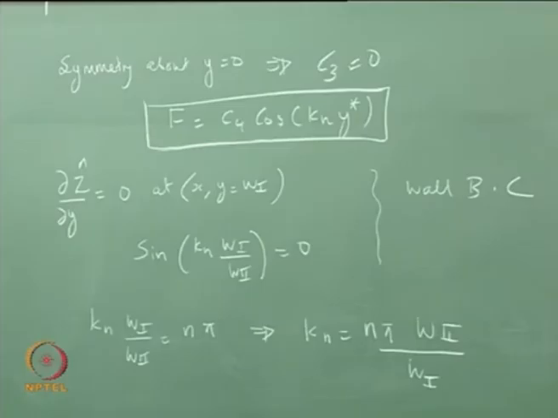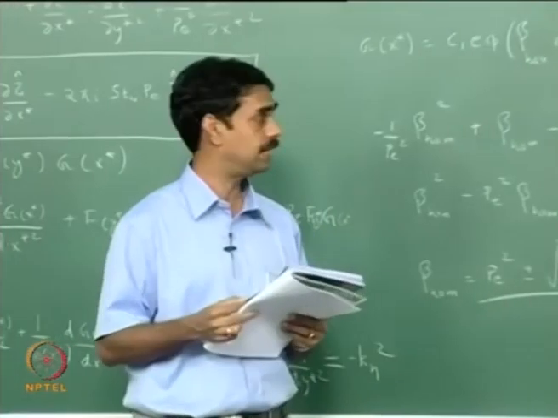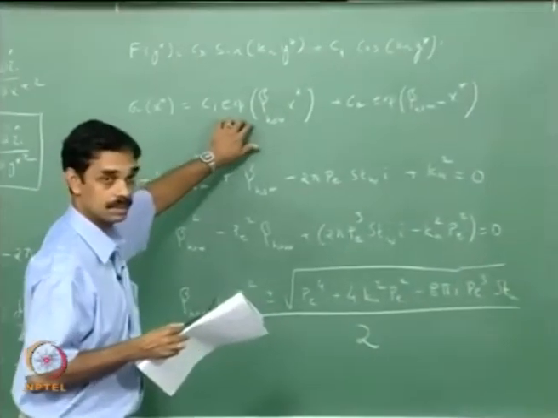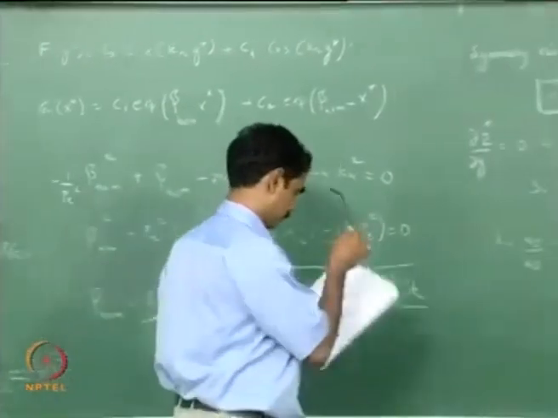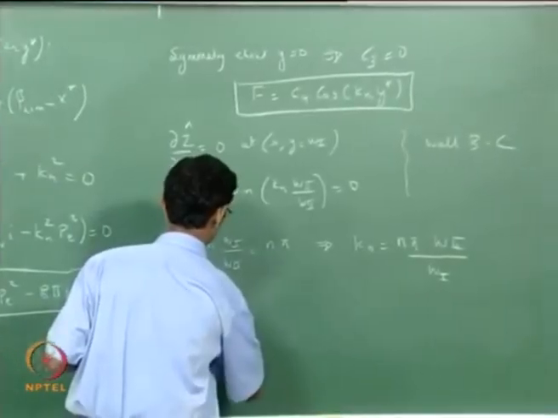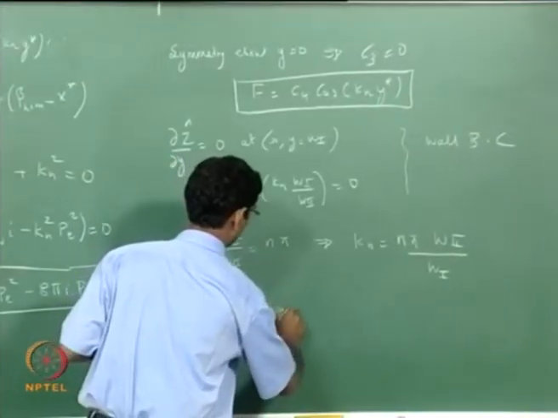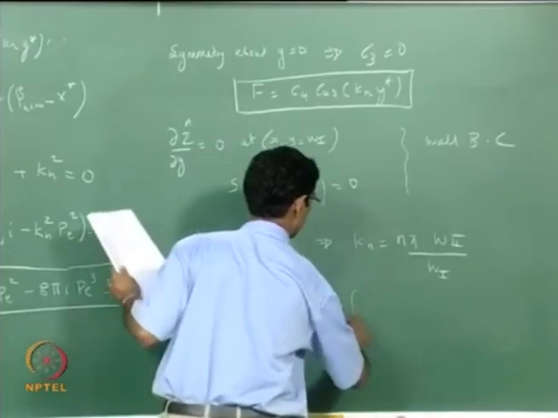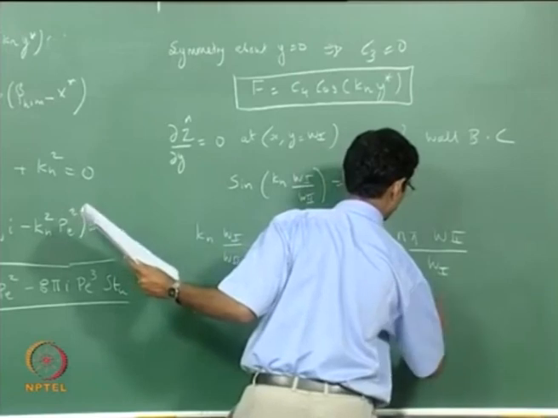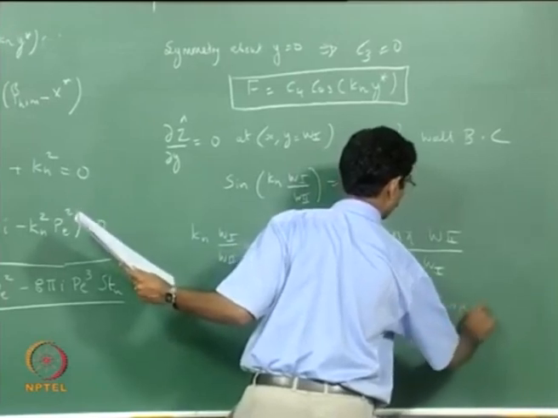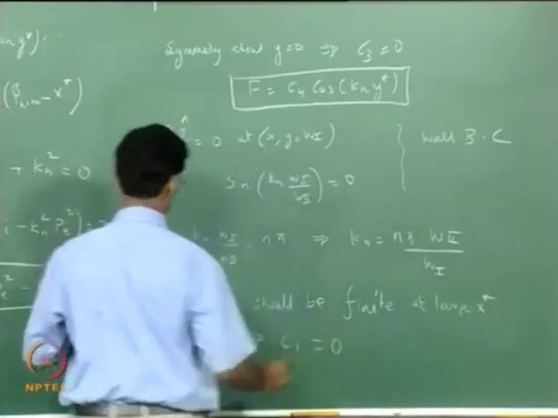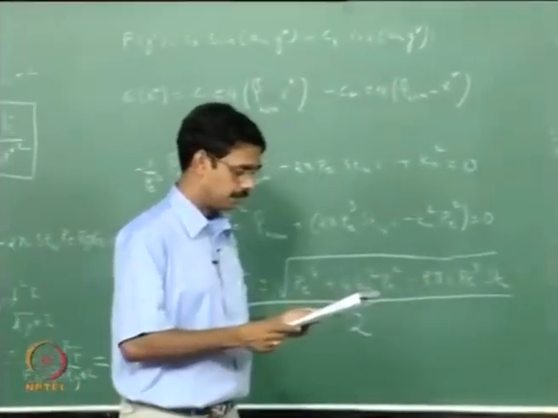We have to make sure that the solution remains bounded when x tends to infinity, so we have to remove this function, C1 is 0. Okay, so we are done with the problem.